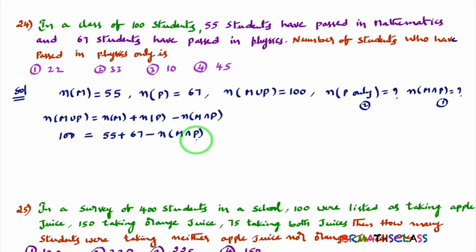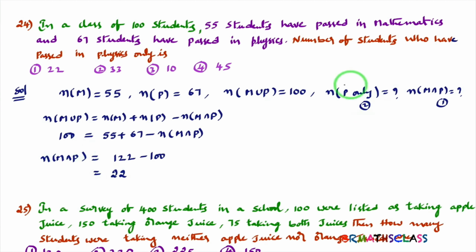You take n of M intersection P to the left hand side. So n of M intersection P is equal to 55 plus 67, 122, minus 100, as this plus 100 will become minus 100 on the right hand side. So 122 minus 100 is 22. What is this 22? The number of students who passed in both physics and mathematics.